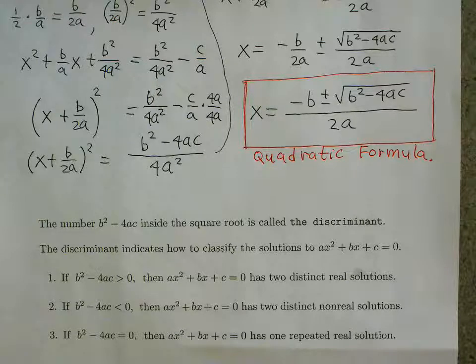And then the third possibility, if the discriminant is exactly 0, then the quadratic equation ax squared plus bx plus c equals 0 has one repeated real solution.